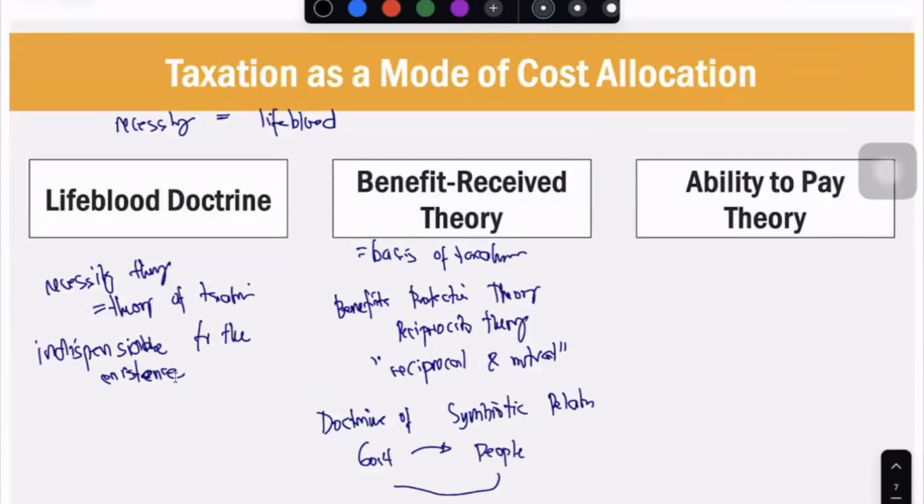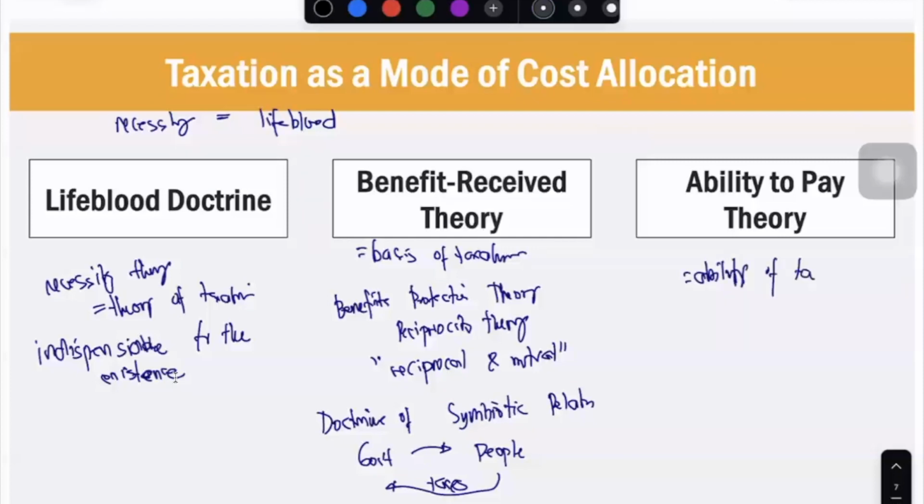In turn, the people pay taxes. So the people must contribute a share through the form of taxes. Next, ability to pay theory. So again, tax payments must be based on the ability of taxpayers to pay.